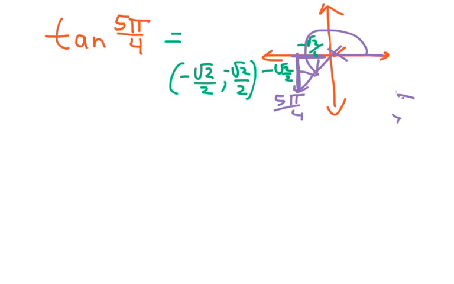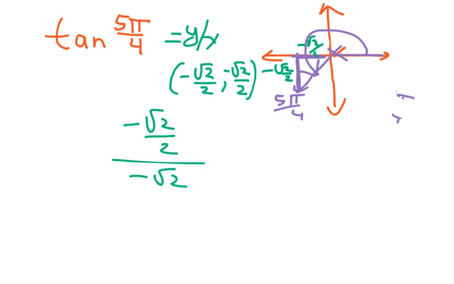I know my tan is y over x. And when you divide negative root 2 over 2 by negative root 2 over 2, that equals 1. Okay, so that's my answer. That's why tan is always positive in quadrant 3, because you're dividing by negatives.